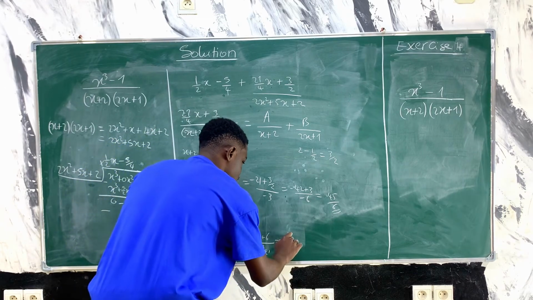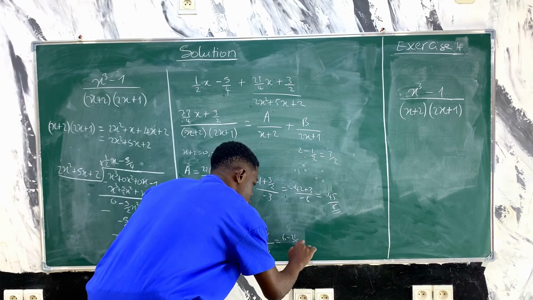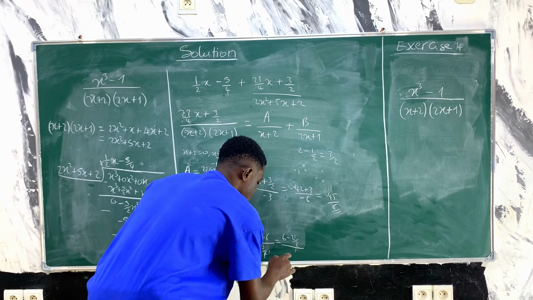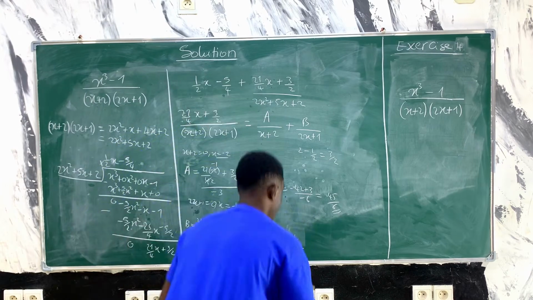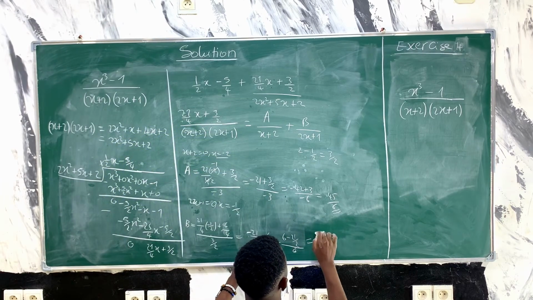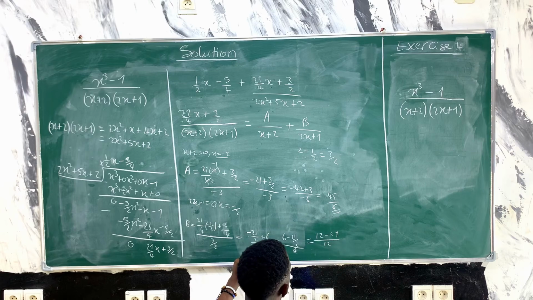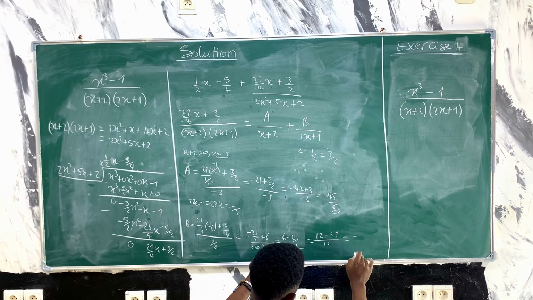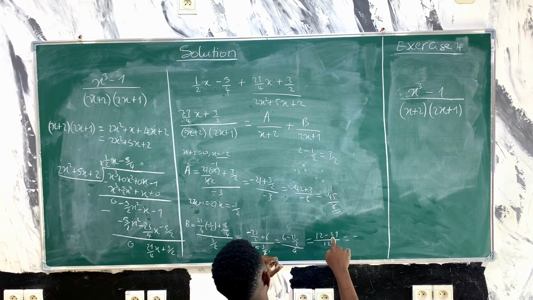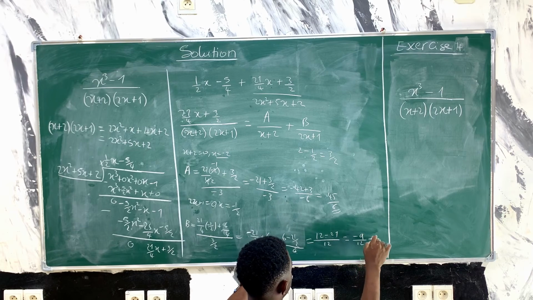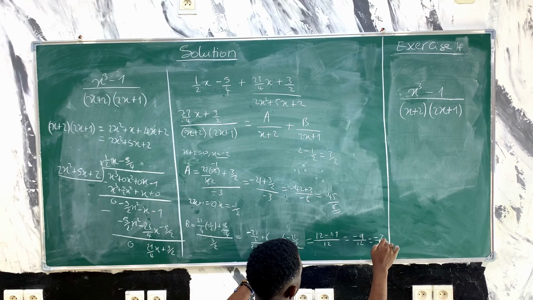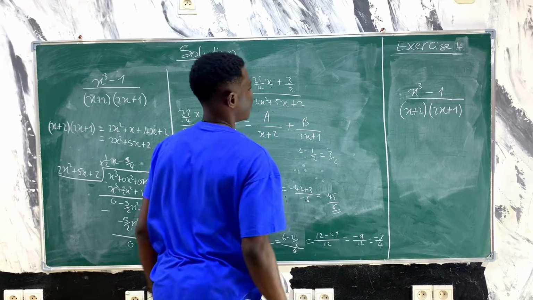It will be equal to 6 minus 21 on 2, all on 2 times 3 is 6. This will be equal to 12 minus 21 all on 12. When you simplify this, 12 minus 21 is minus 9. Minus 9 on 12, or minus 3 on 4. So that will be the value of B.